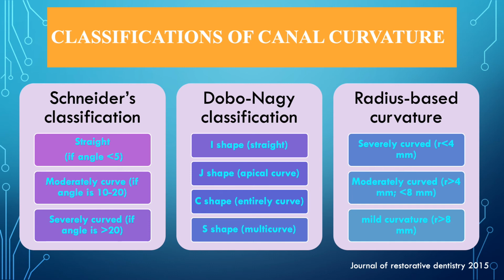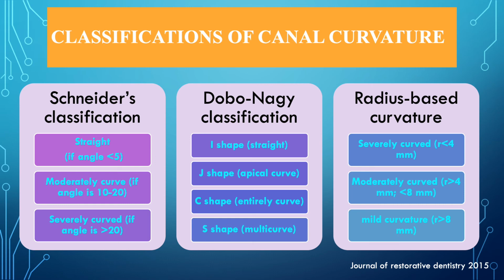If the angle is about 10 to 20 degrees, then it is moderately curved. And if the angle is more than 20 degrees, it is severely curved. In severely curved canals, it is possible that the instrument can get separated. That is the Schneider's classification.